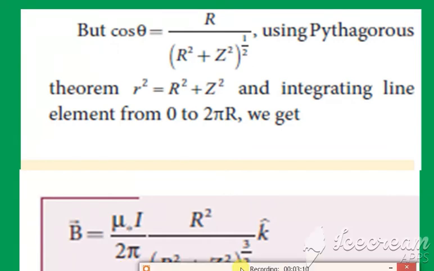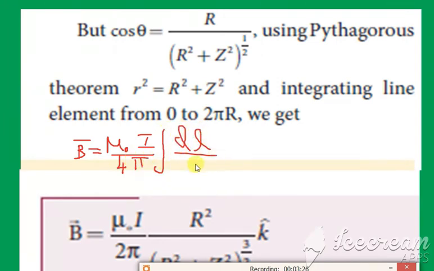That same equation, if you write here, we will get B is equal to mu naught I by 4 pi into integral of dl divided by r square, into cos theta. So it is r divided by root of r square plus z square, is it not?